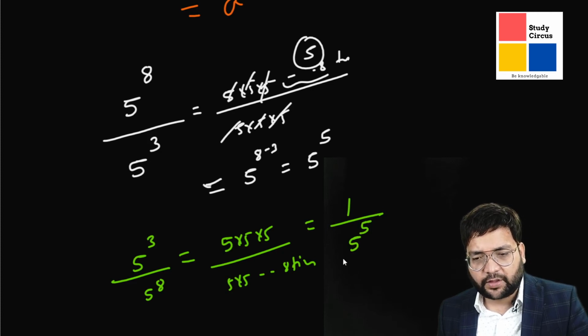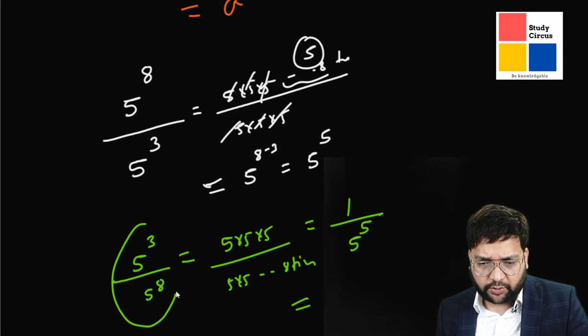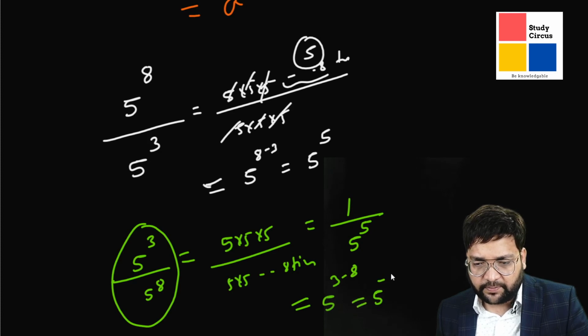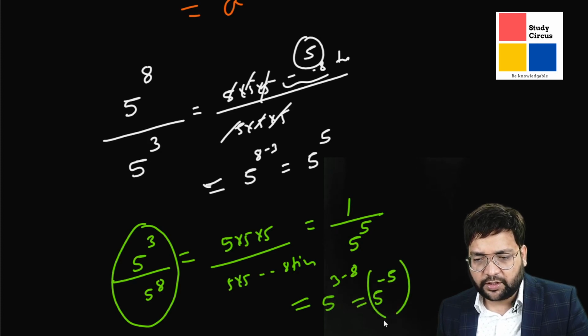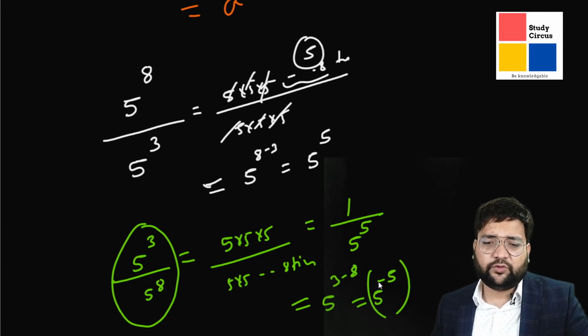The rule holds here also: 5 to the power 3 minus 8, that is 5 to the power minus 5. So 5 to the power minus 5 is the same as 1 upon 5 to the power 5.